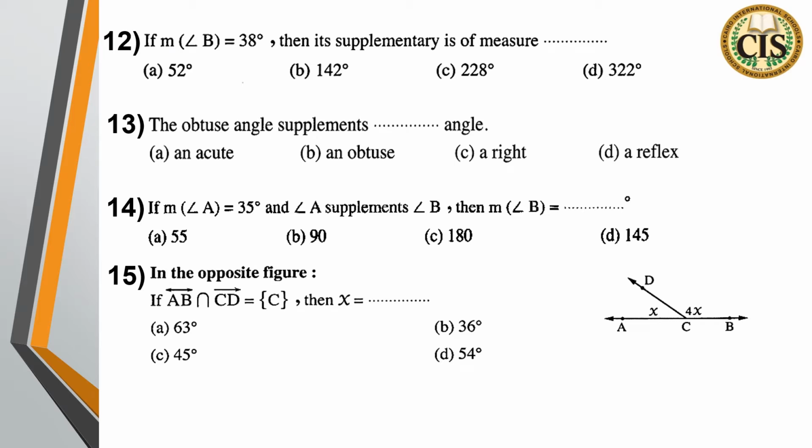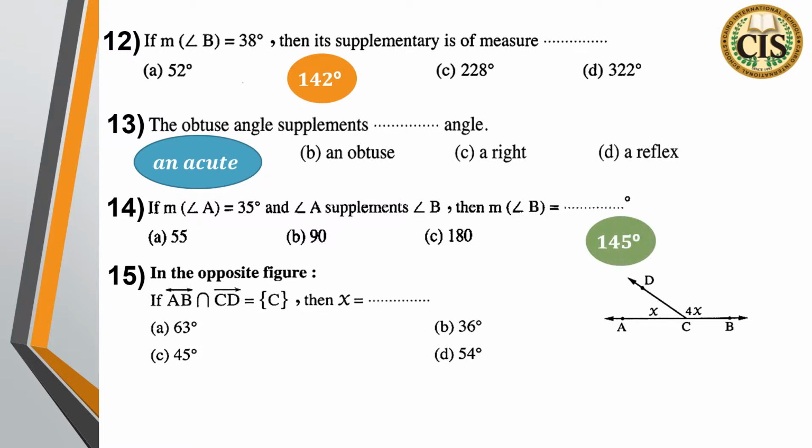If measure angle B equals 38, then its supplement is 180 minus 38, the answer will be 142. The obtuse angle is supplemented by an acute angle. If measure angle A equals 35 and angle A supplements angle B, then measure angle B equals 180 minus 35, the answer will be 145.